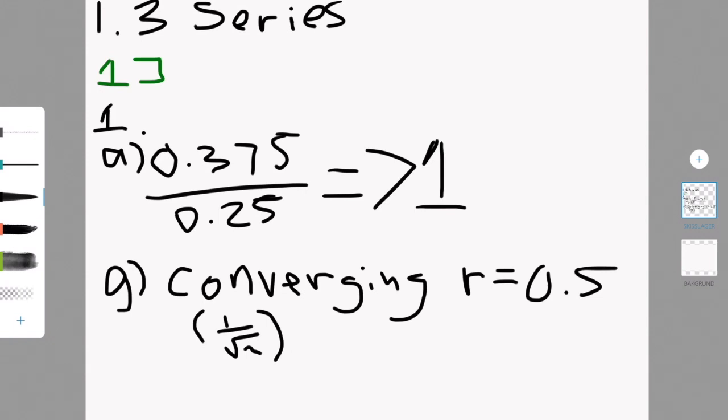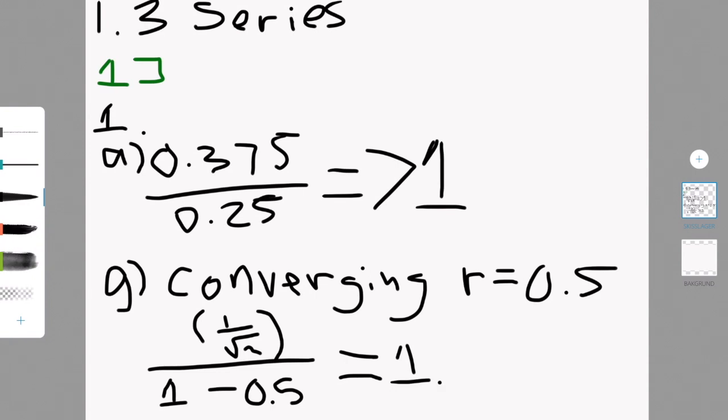Now to find the sum of this series, you would take the first term, which is 1 divided by square root of 2, and then divide it by 1 minus r, and r in this case is 0.5, which would equal 1.41, which means that this series is infinitely getting closer and closer to this number, 1.41.